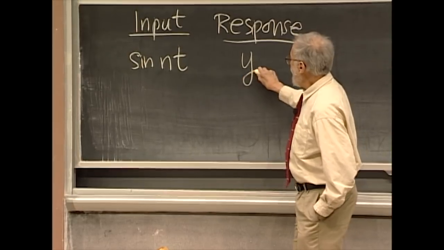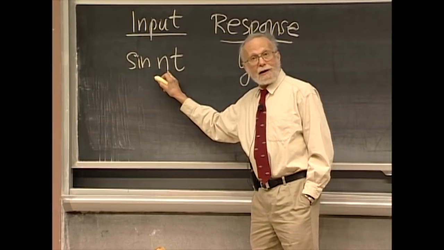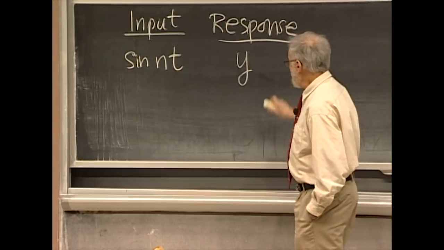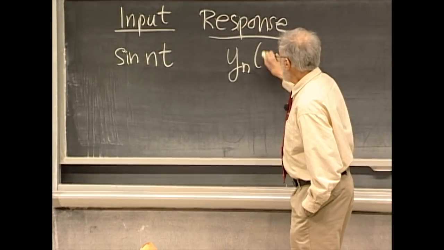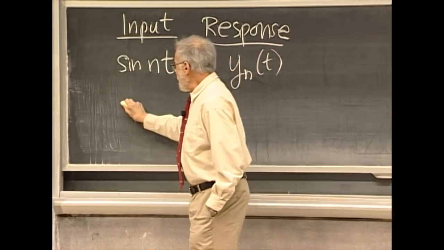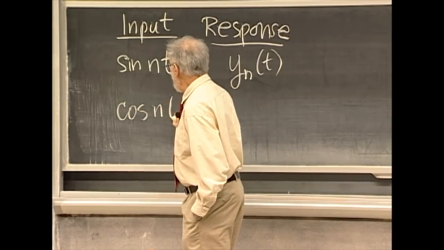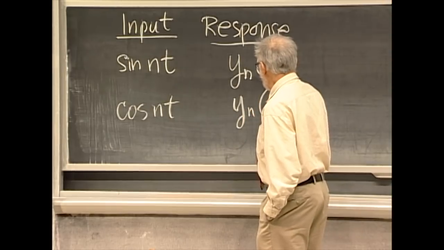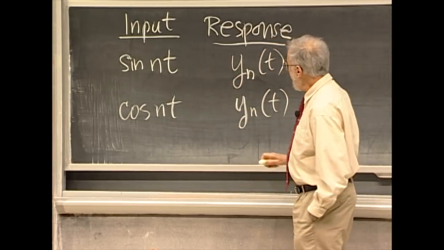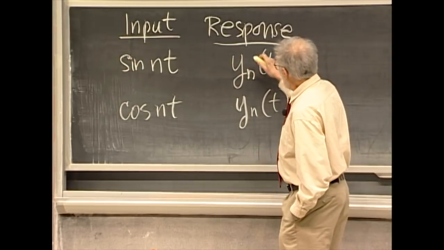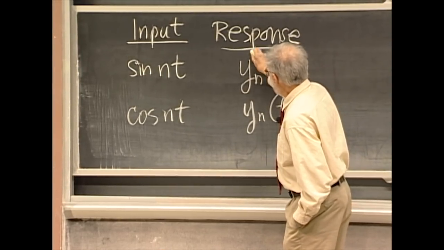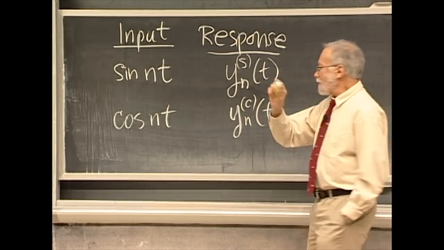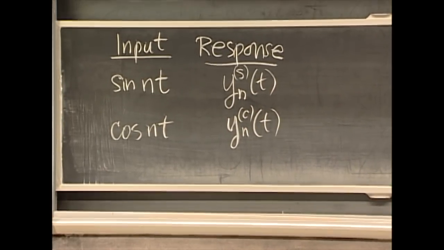Let's call it y. I better index it by n, because it is a response to this particular periodic function, so yn of t. And if the input is cosine nt, that will have a response, yn. Now, I really can't call them both by the same name, so let's put a little s up here to indicate that that's the response to the sine, and here a little c to indicate it's the answer to the cosine.